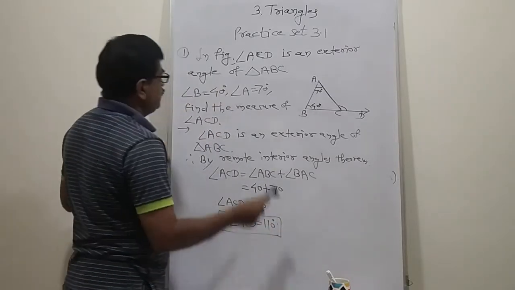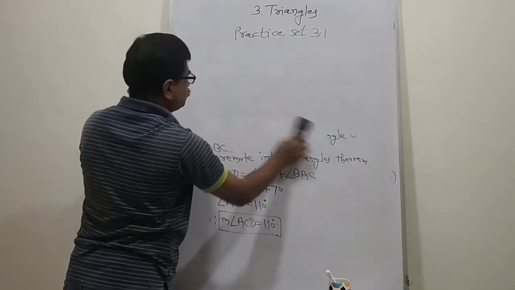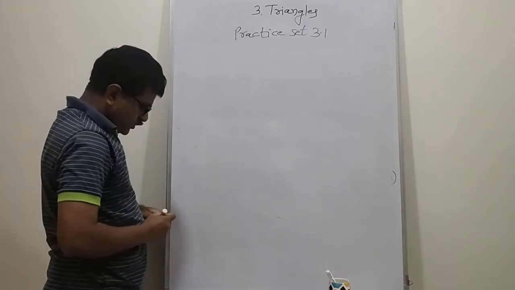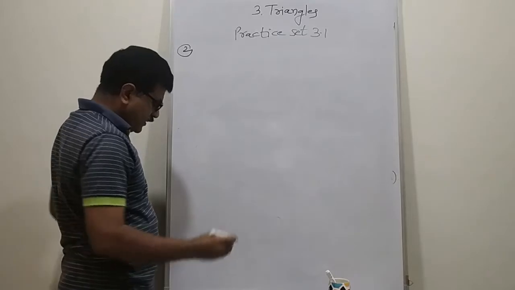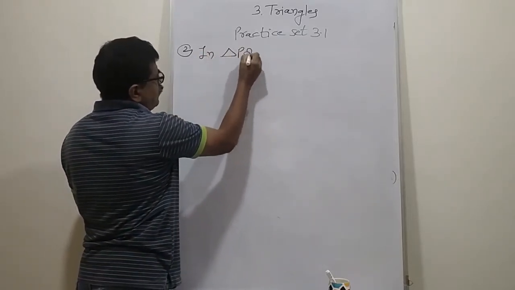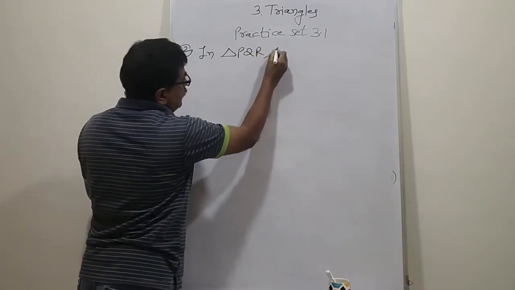Now let us see question number 2. In triangle PQR, angle P is equal to 70 degrees.